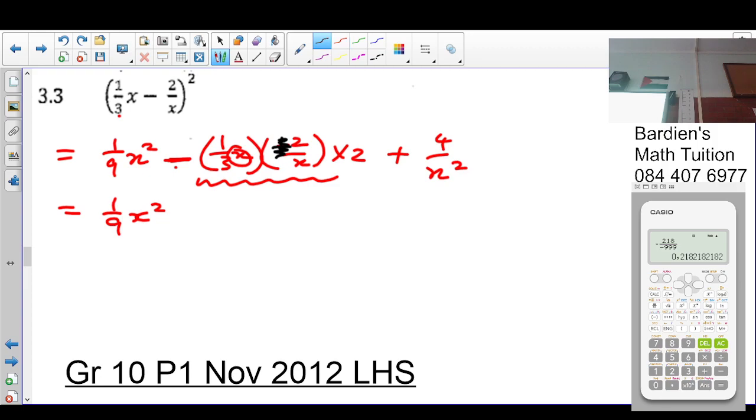So that x would actually cancel this x here. You all agree with that? That's over 1. So 2 times 2 is 4 over 3. You all agree with that? 4 over 3 plus 4 over x squared. Is that correct?